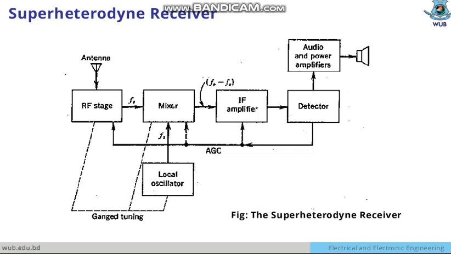So my dear students, you now understand that there is a difference between the two frequencies that we have seen here in the IF amplifier and the mixer section, the intermediate sections. That means the section between the oscillator frequency and the signal frequency. So the name came from that point of view, heterodyne.